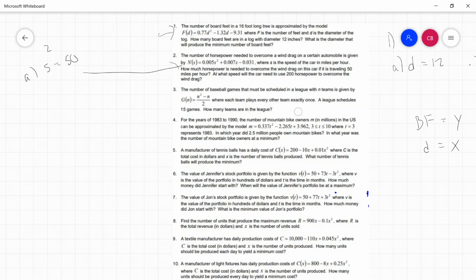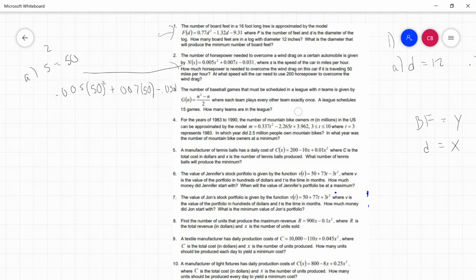Plug 50 into S. You do 0.005 times 50 squared plus 0.007 times 50 minus 0.031.